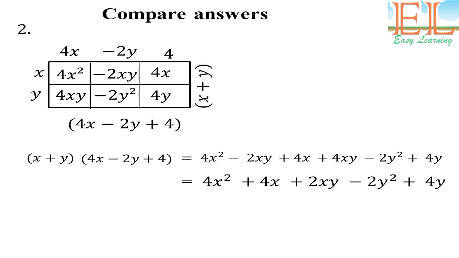And this gives 4x squared minus 2xy plus 4x plus 4xy minus 2y squared plus 4y. And grouping like terms and simplifying finally gives 4x squared plus 4x plus 2xy minus 2y squared plus 4y.